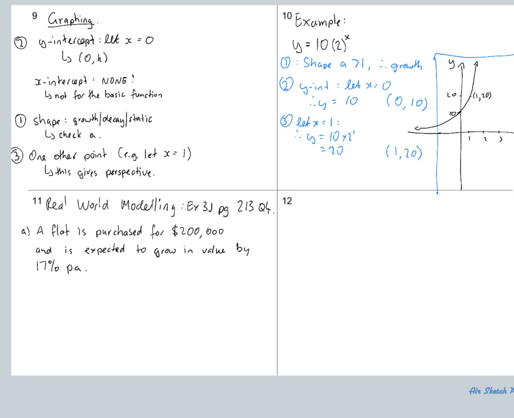Okay, so in slide 11, this is from exercise 3J, page 213, question 4. You're going to finish off exercise 3J in a moment. I'm just going to go through part A, and then you're going to do B, C, D, and E, or whatever you've got time for in the rest of this lesson. I'm going to give everyone a moment to get their textbooks open to page 213, and then I'll take you through this as an example.